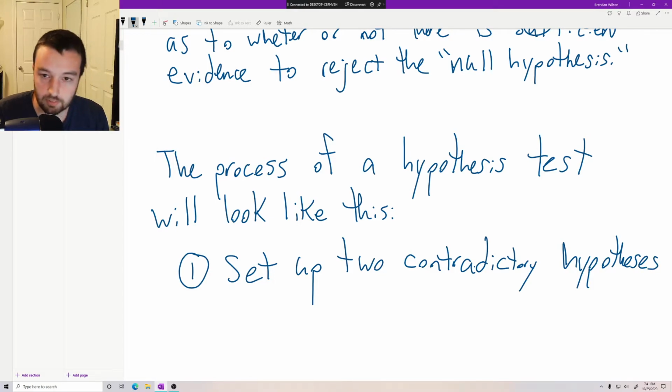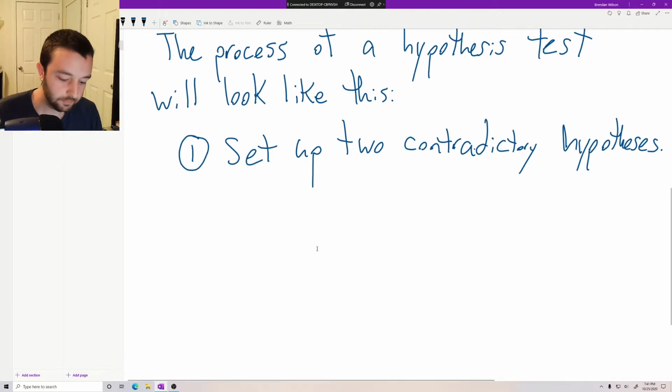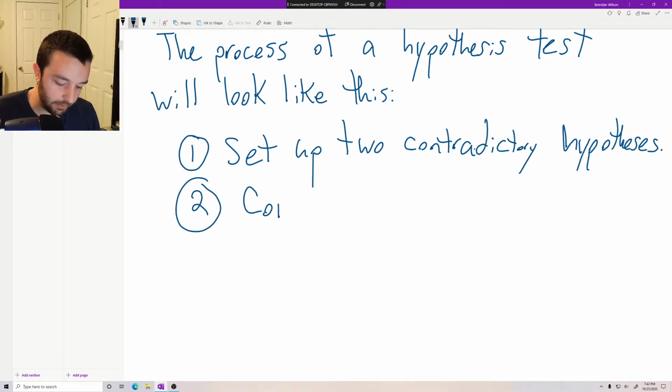That's the plural of hypothesis, which we'll use a lot here because, as this says, we're going to have two hypotheses. So we set up two contradictory hypotheses, and we're essentially just determining which one we're going to choose. So one will say this is true, and the other one will say the opposite is true.